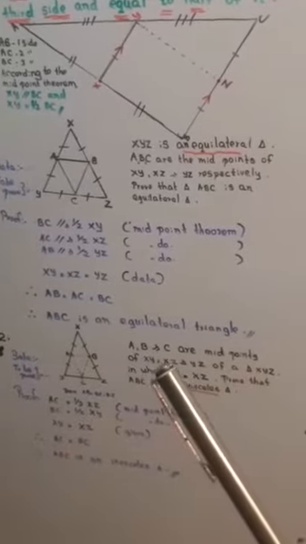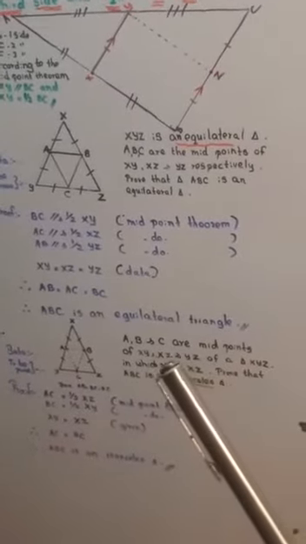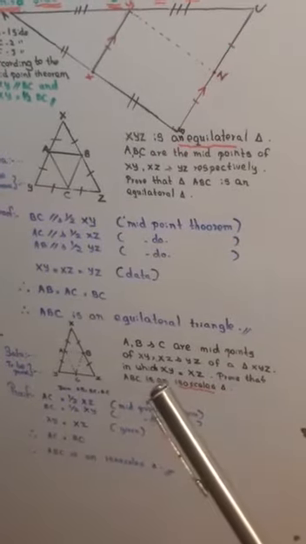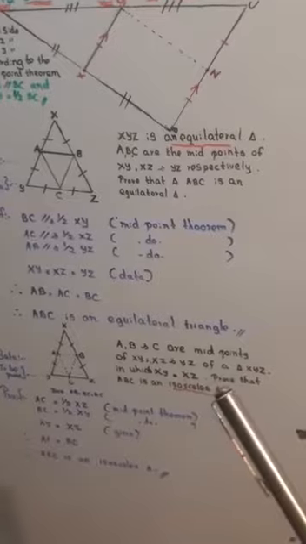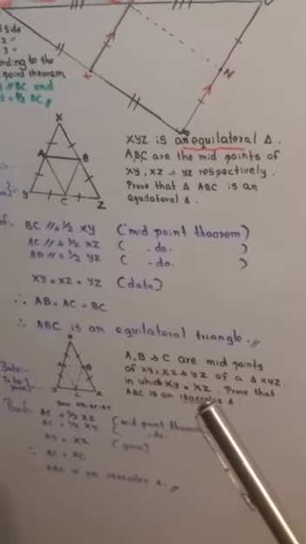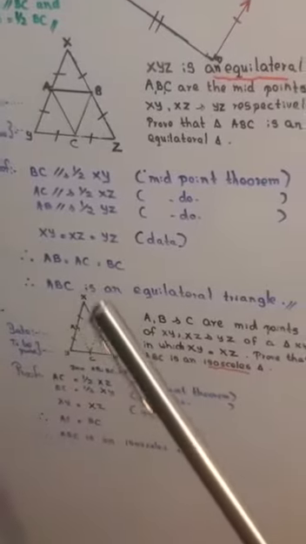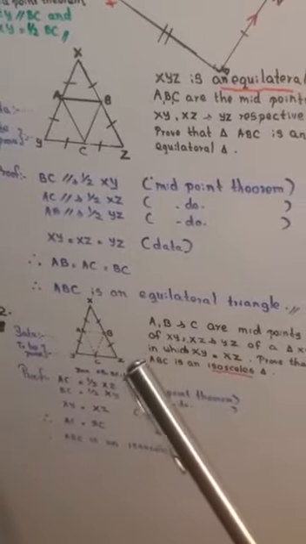Second one, A, B and C are midpoints of XY, XZ and YZ of a triangle XYZ, in which XY equals XZ. Prove that ABC is an isosceles triangle. Let's see the triangle. XY and XZ are equal.